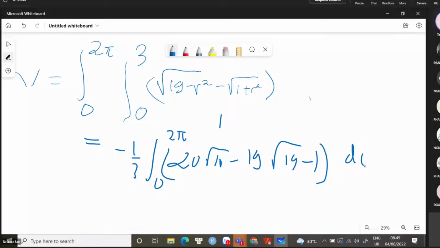d theta. Now you calculate this integration and then you get 2 pi over 3 times 1, 20, 30 equals 10.